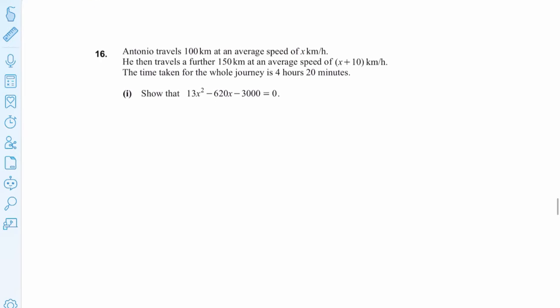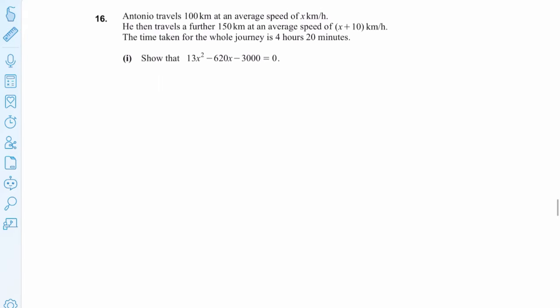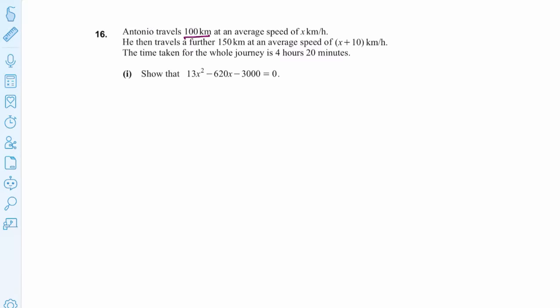Next, question number 16. Question number 16 is given that the person travels 100 km at an average speed of x km per hour. He then travels 150 km at x plus 10 km per hour. The time taken for the whole journey is given as 4 hours 20 minutes, and show that this equals to 0.